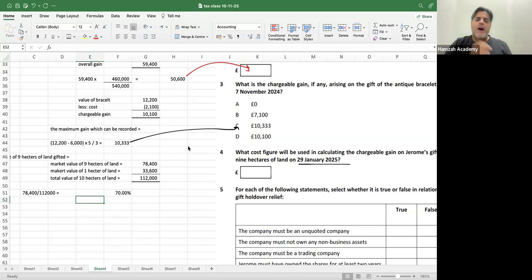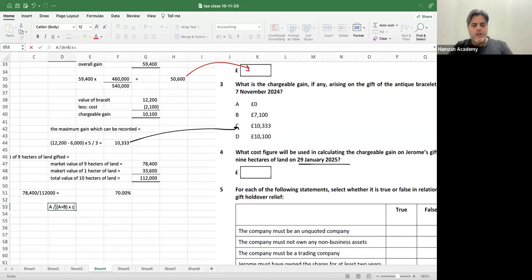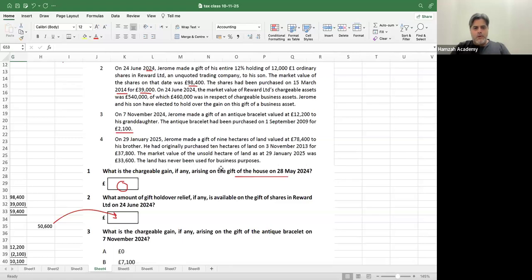So the part disposal needs A over A plus B applied to the full cost of the land. We do A over A plus B into the cost of land, because we have to find the cost figure here. The amount that has been gifted is 78,400.